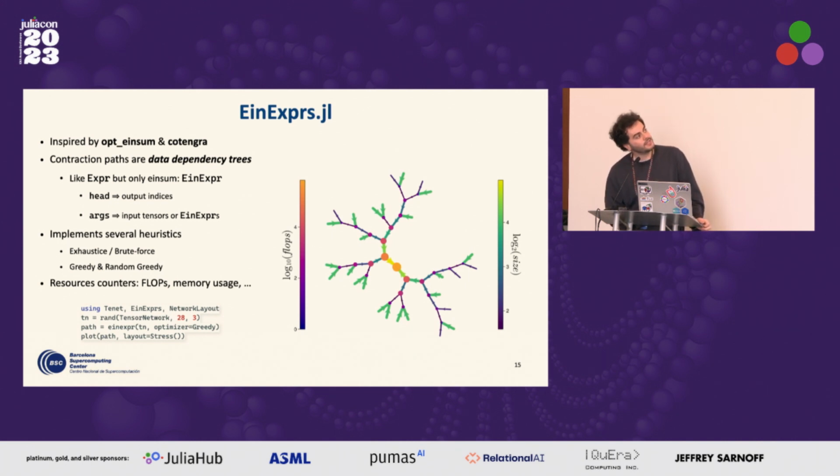The idea behind it is that you can see a contraction path as some data dependency tree. And this data dependency tree, you can also see as an expression in Julia. So we created our own expression where the head is the output indices and the arguments are the input tensors or some other NExpressions.